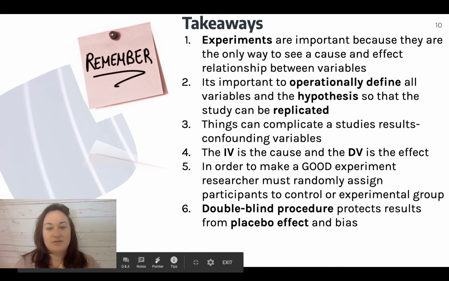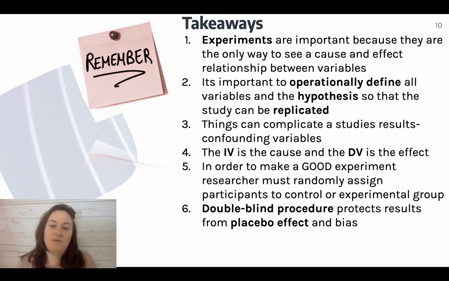So, takeaways. Remember that experiments are important because the only way to see a cause and effect is to conduct an experiment. It's important to operationally define all of our variables. So when we come up with that hypothesis, make sure that everything is clearly written out so that our study can be replicated.